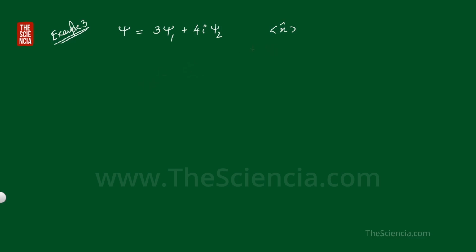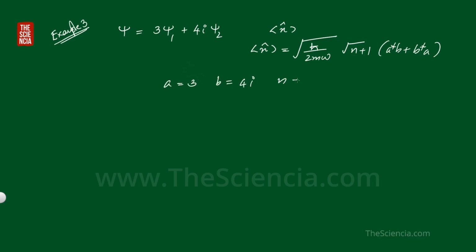Here also we know the expectation value of x is equal to root h cross by 2m omega, root n plus 1, into a star b plus b star a. Now we have to find the a value, that is 3, b value, that is 4i, and n is equal to 1, and a star is equal to 3 and b star is equal to minus 4i.